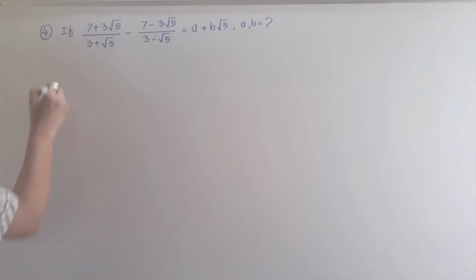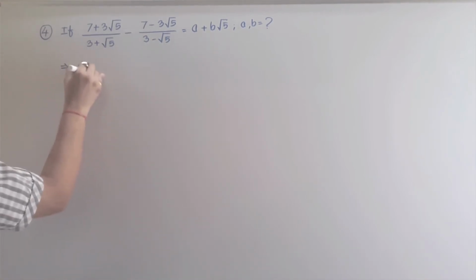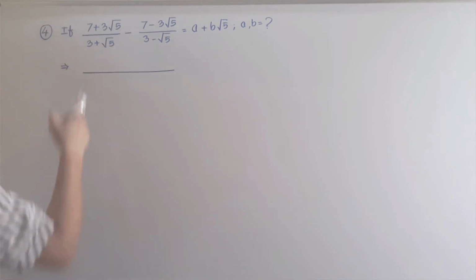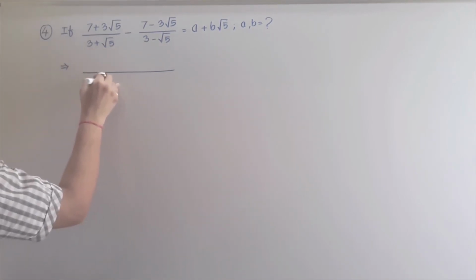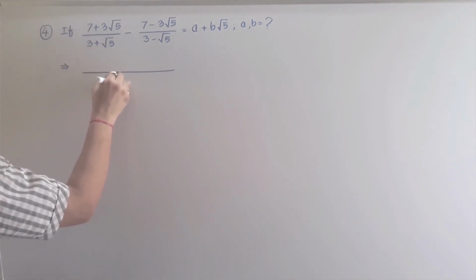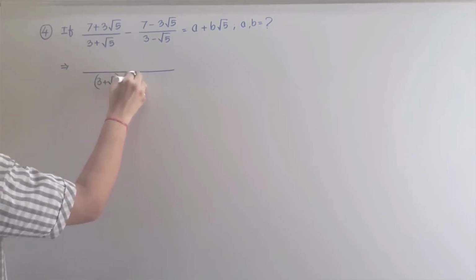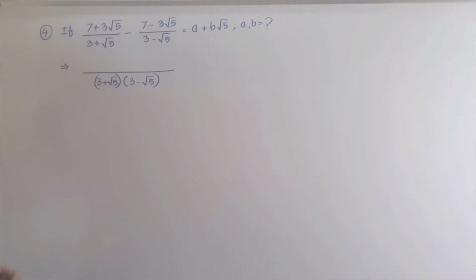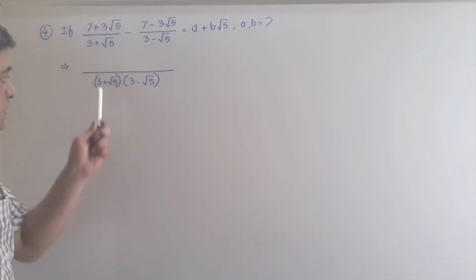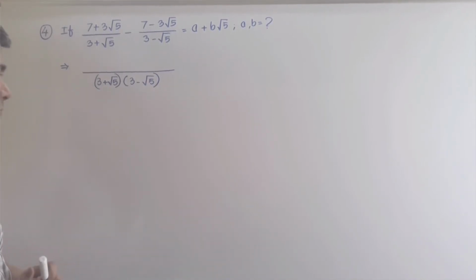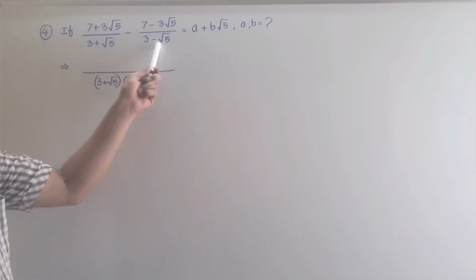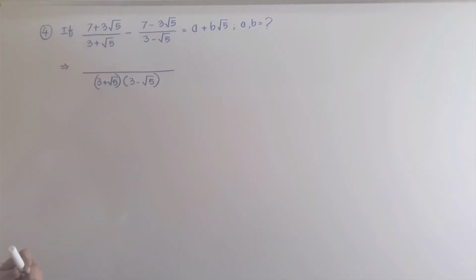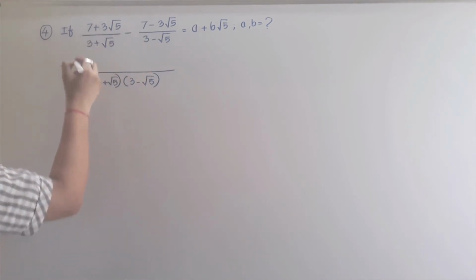Meaning I will take the multiplication of denominators. I will multiply both the denominators, 3 plus under root of 5 and then multiplied with 3 minus under root of 5. As we take the LCM while adding or subtracting two fractions, in the same manner I am doing here. So first of all, both the denominators I kept in multiplication. Then I am cross multiplying. So this particular term will be multiplied to this one.